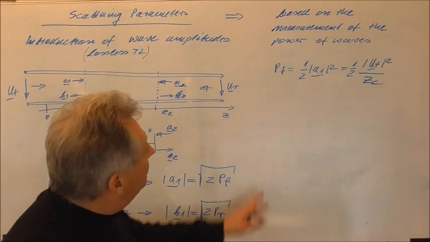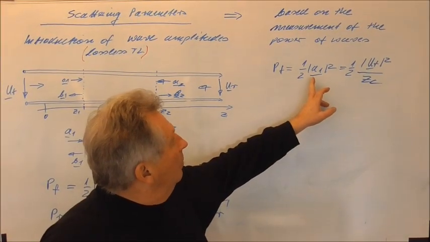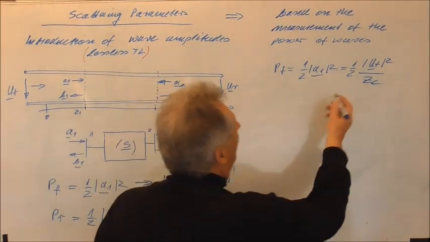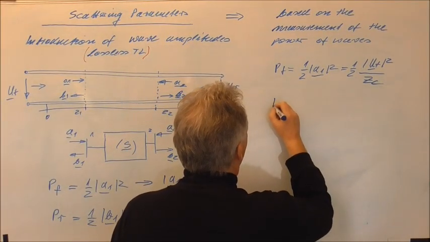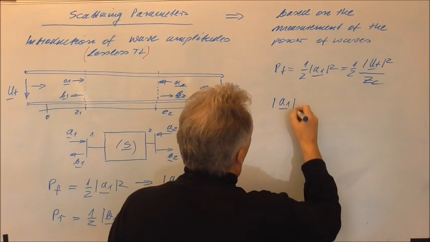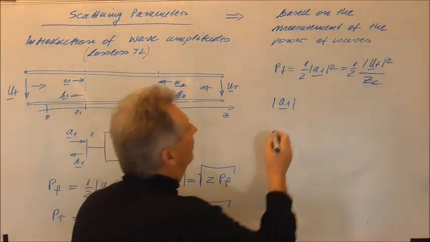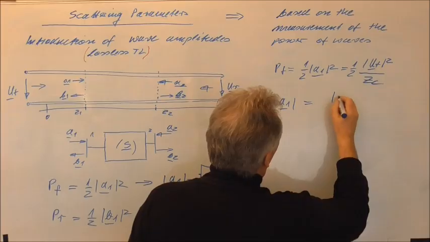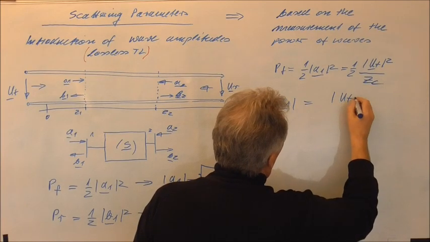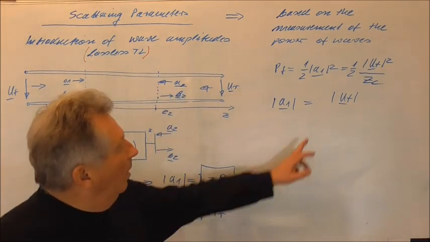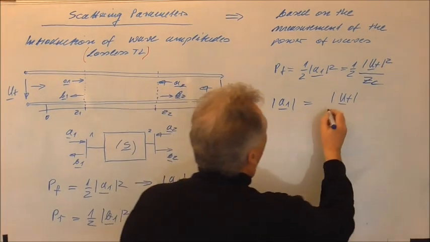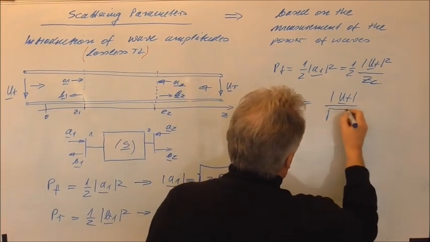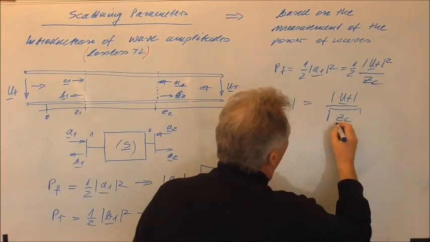And from this we already can now say that the absolute value of A1 would be equal to the absolute value of the forward traveling voltage wave divided by the square root of ZC.